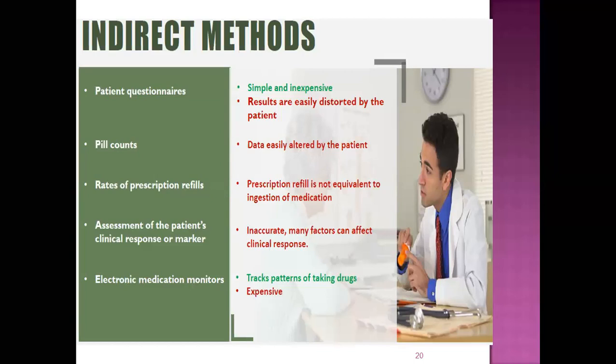And finally, electronic medication monitoring systems, with the help of which you monitor the medications given by the physicians. You can easily track the patterns of drug taking by the patients, but ultimately this type of method is expensive. These are some indirect methods to measure medication adherence.